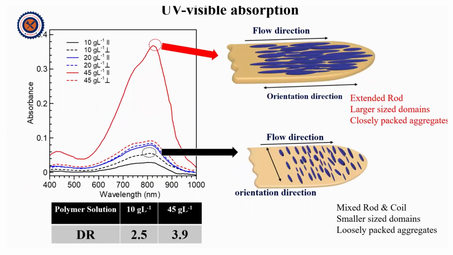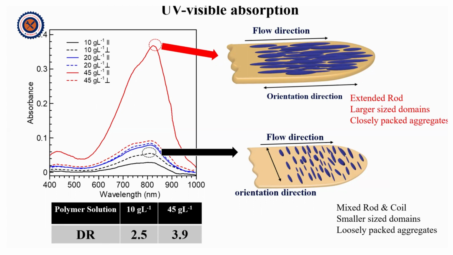Now, after this, we have studied the UV visible absorption characteristics of the thin films in both the cases. As you can see in the picture, when the film is fabricated using 10 gram per liter polymer solution, as we discussed previously, the orientation is in the perpendicular direction to the flow. Because of this, there is a mixed coil and rod type structure.